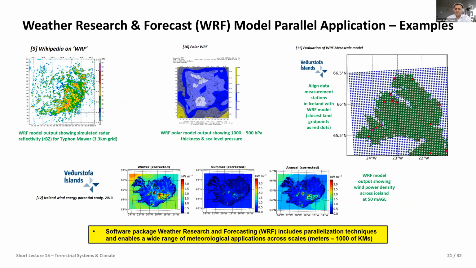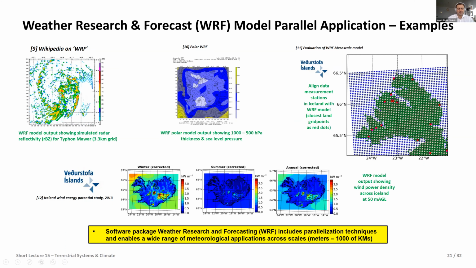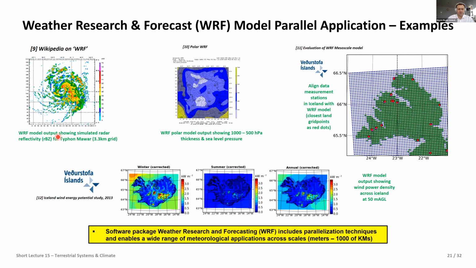And here you see a parallel application example from a concrete parallel code. As I said earlier, this is an interesting code because it's actually based on Fortran. It is a software package that has many different techniques and even a plug-in mechanism. So you can have model outputs for a typhoon, as an example.